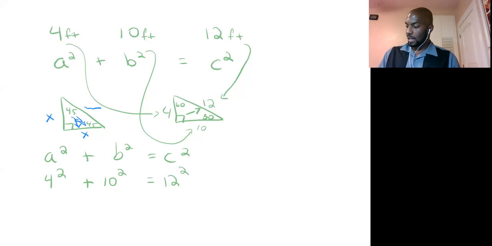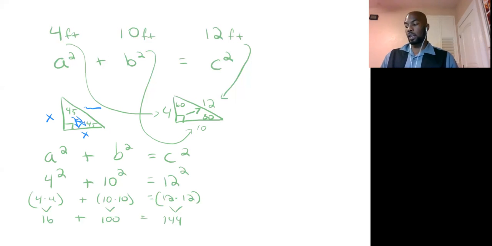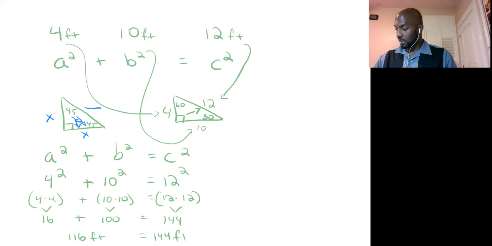All right, let's break it down. 4 squared is 4 times 4, plus 10 squared is 10 times 10, equals 12 squared, which is 12 times 12. 4 times 4 is 16, plus 10 times 10 is 100, equals 12 times 12 is 144. I already can see it's not going to work. 16 plus 100 is 116 feet. And 144 feet. Look at that, 116 does not equal 144 feet.